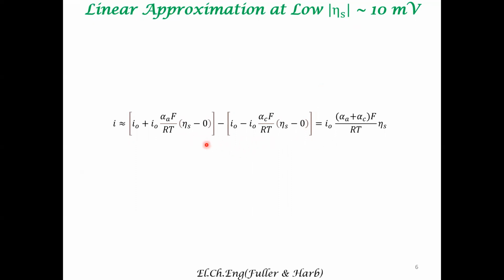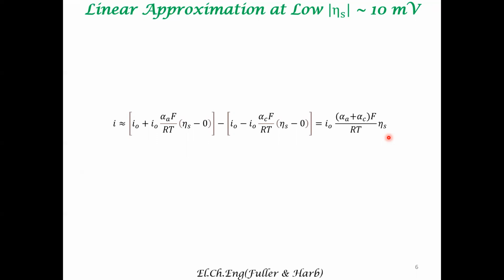And when you add them up, you get this kind of an expression. So I is approximated this way. It is equal to I naught (alpha A plus alpha C) F by RT eta S. This is an approximation that is useful at low potentials.